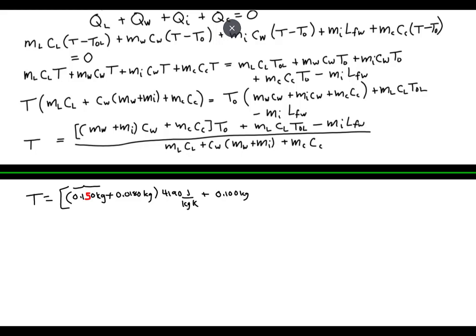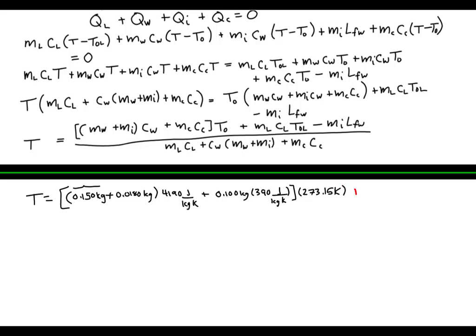And then going back to the mass of the calorimeter, 0.100 kilograms, times the specific heat of copper, which is 390 joules per kilogram Kelvin, times the initial temperature of the system, and the initial temperature of this system was 0 degrees Celsius, which is 273.15 Kelvin.